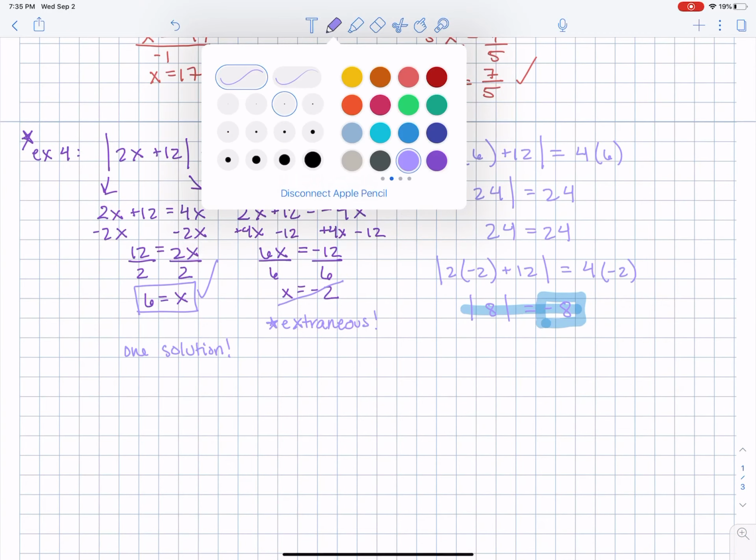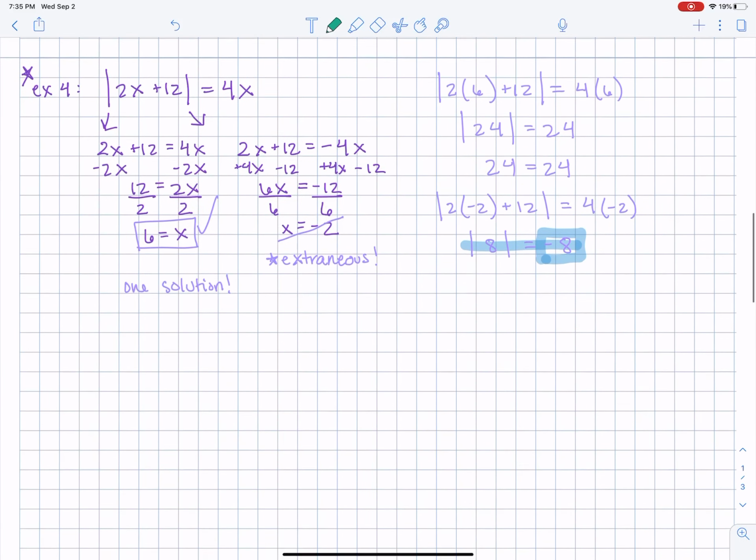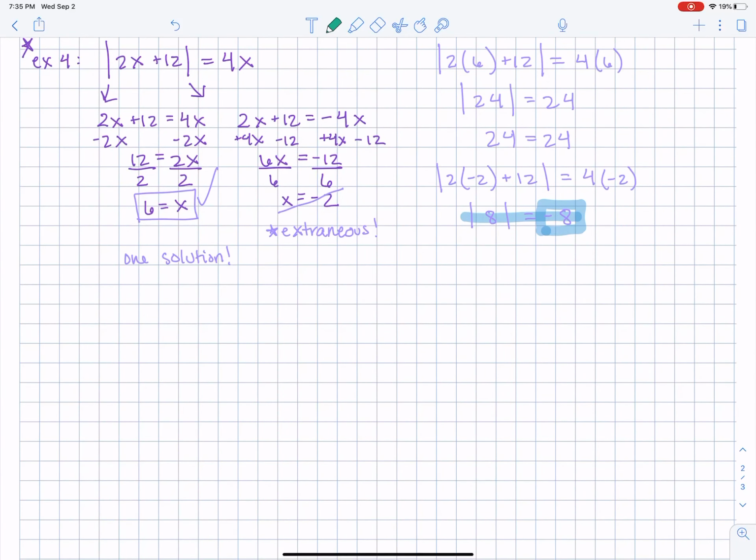So there's one last thing that you need to know about absolute value equations, and it's actually pretty simple. If you have something like the absolute value of 2x minus 5 is equal to negative 100, I automatically know that this is no solution because distance, or absolute value, cannot be a negative amount.